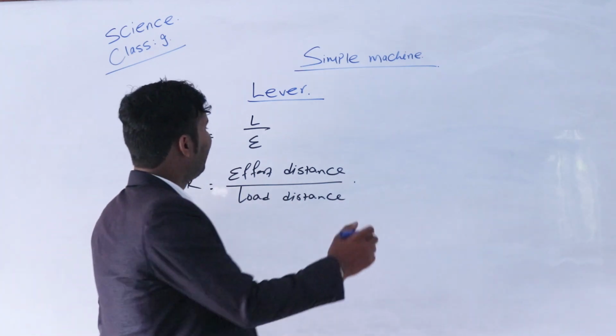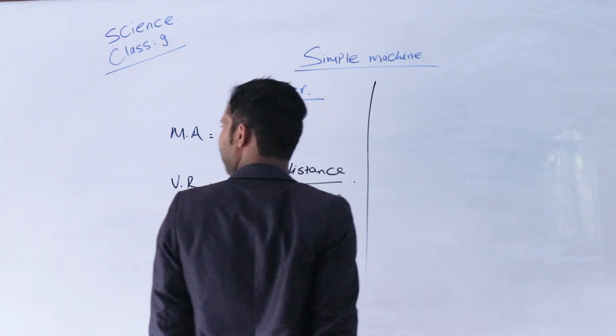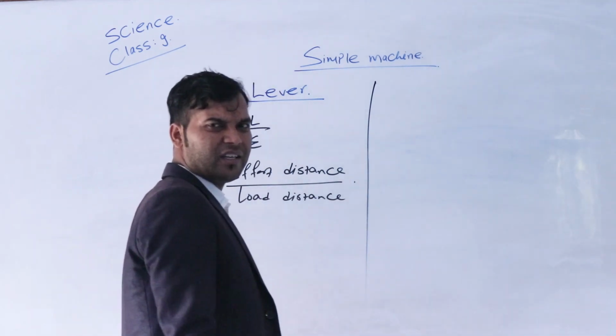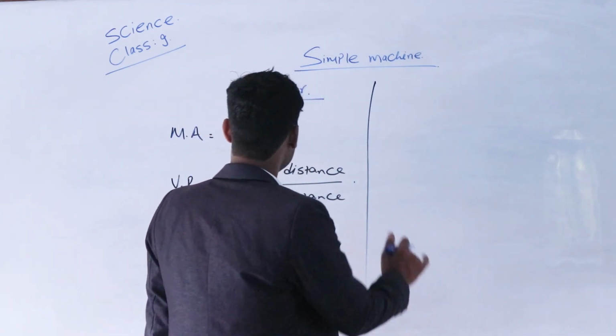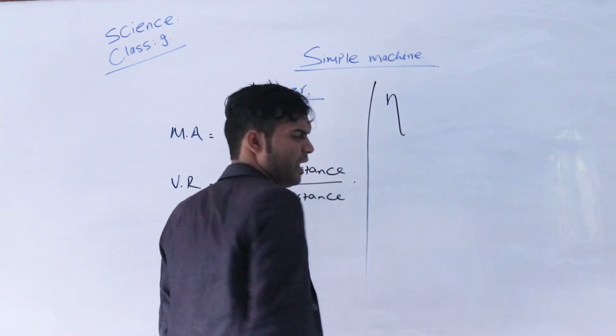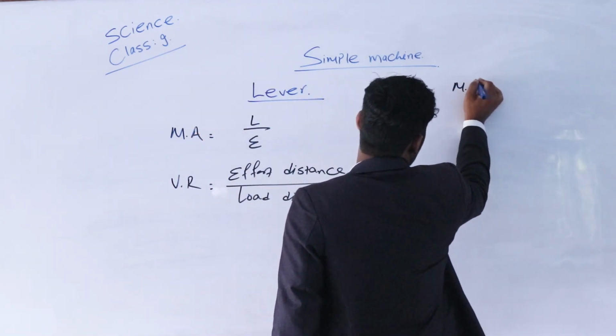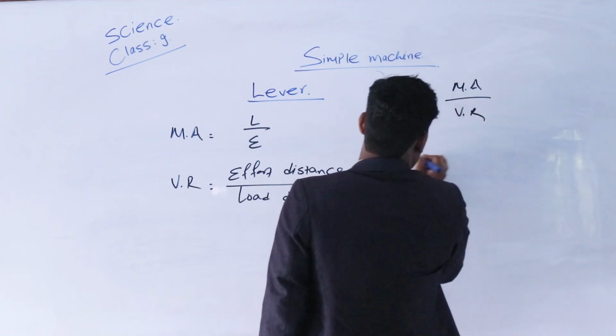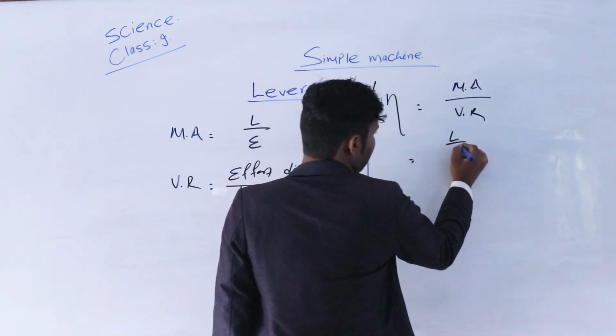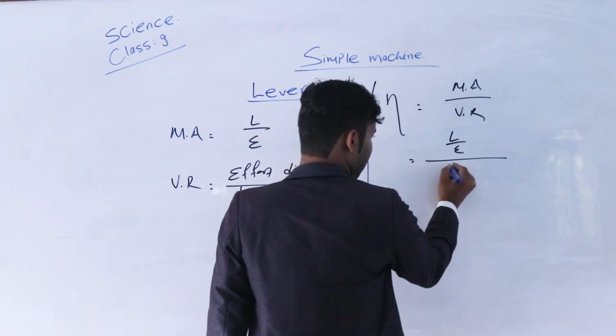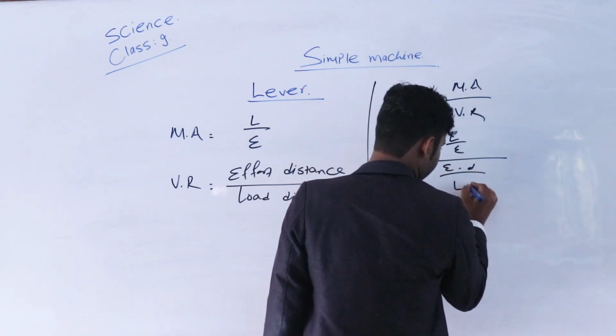Okay, student. Now sometimes the efficiency of a lever is asked. Efficiency of a lever is denoted by eta. Eta is MA upon VR. MA means load upon effort, all divided by ED upon LD.